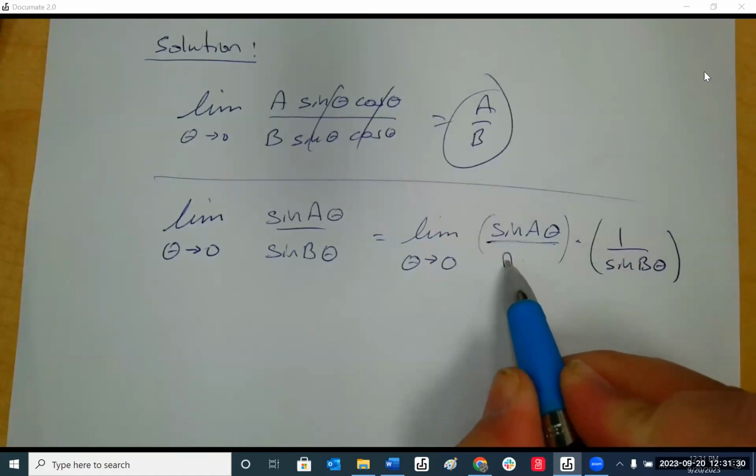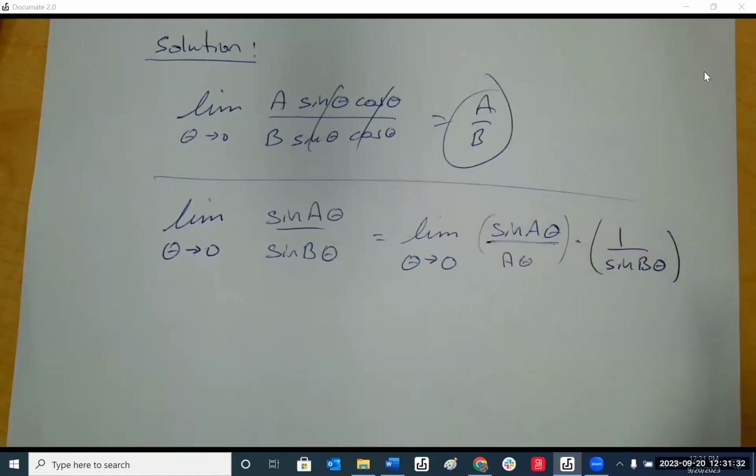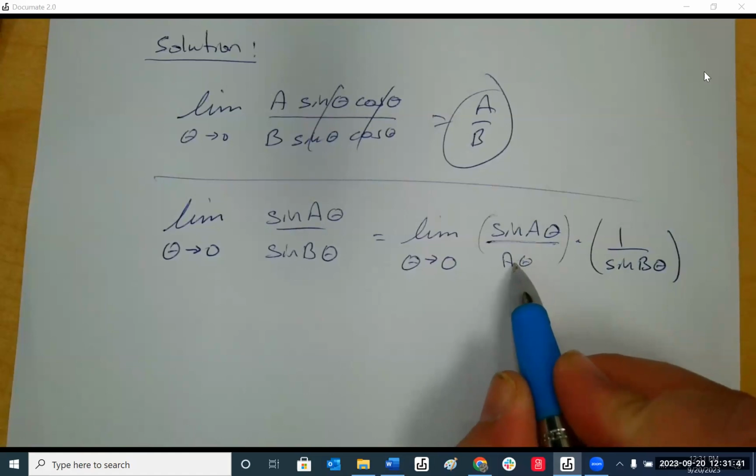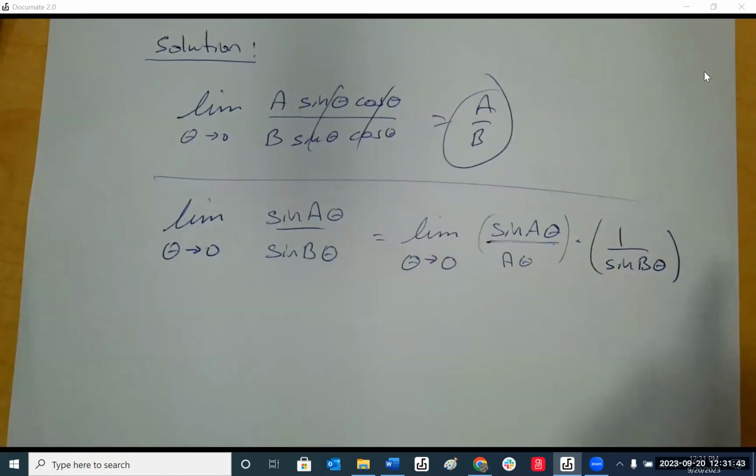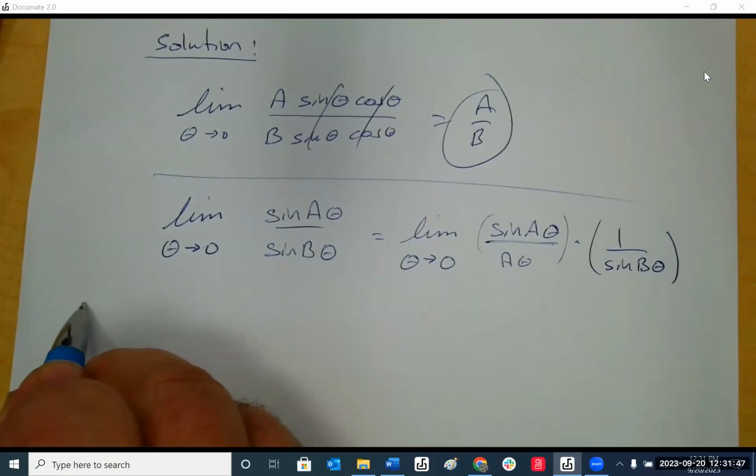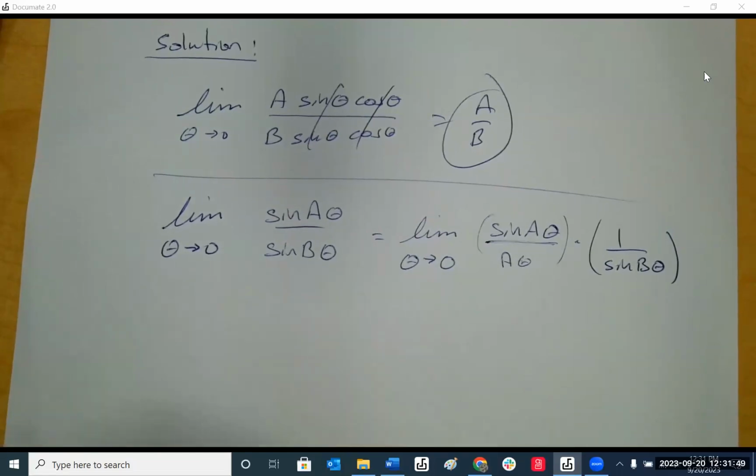On the bottom, we have to have A theta. So in order to put that there, we'd have to multiply across the board by A theta, or B theta over A theta.